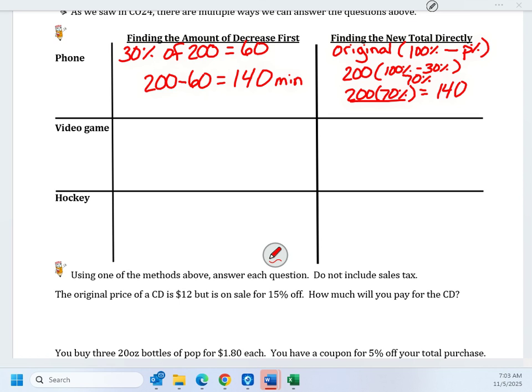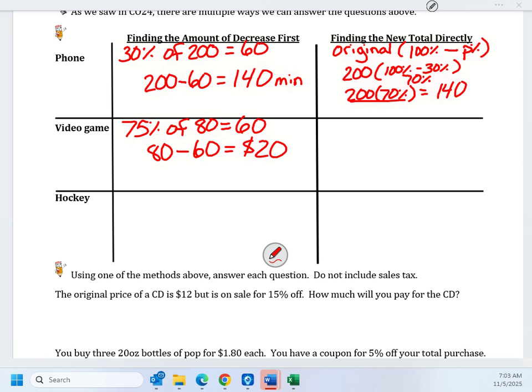Let's look at our video game. Here we have 75% of that original $80. 75% of $80 is $60. So we take our original $80 and we're subtracting out that 60, and we end up with $20 for that game. That is a good sale.